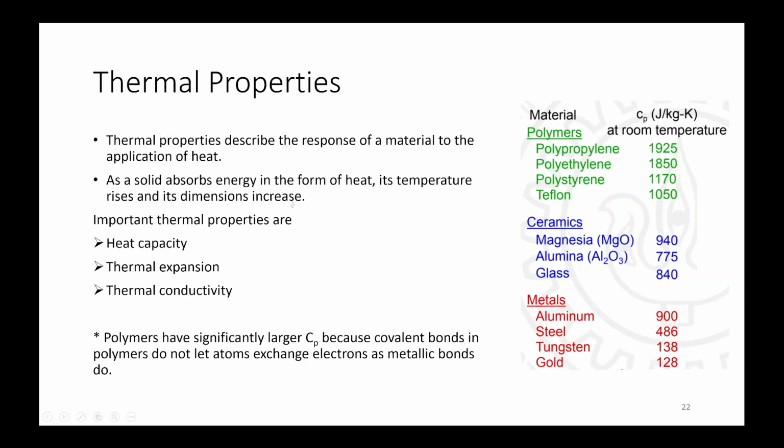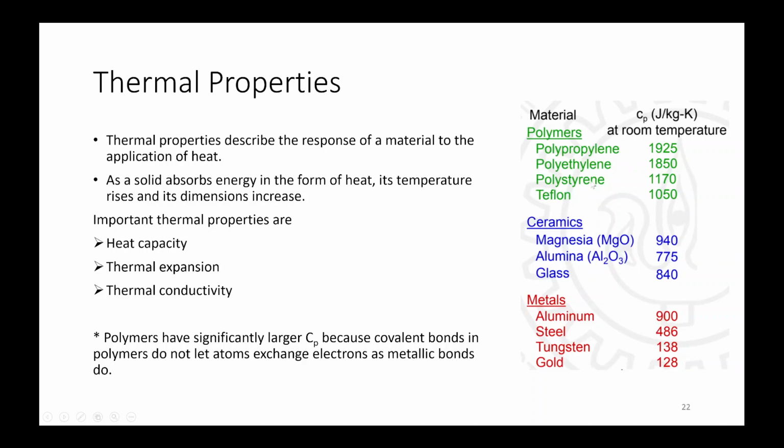So there will be some expansion when we heat materials, and it is important. Some important thermal properties are heat capacity, thermal expansion, and thermal conductivity. Polymers have significantly larger Cp, which is heat capacity, because covalent bonds in polymers do not let atoms exchange electrons as metallic bonds do.